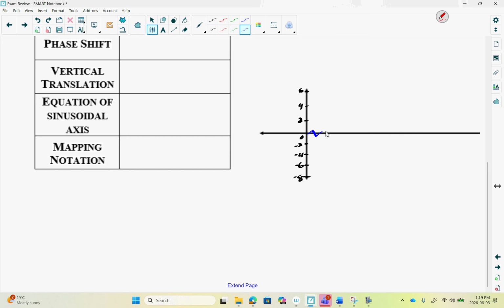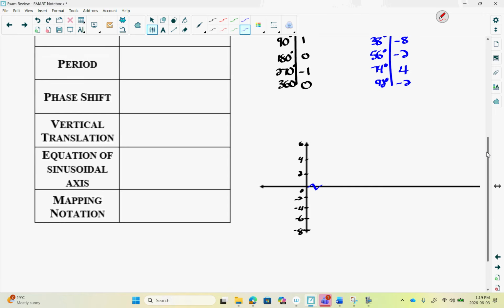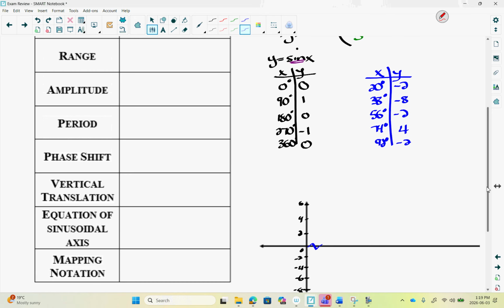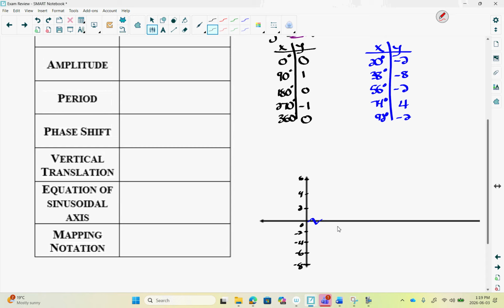I really don't care what's happening between 0 and 20 degrees. So I'll just kind of scrunch that information out, and I'll go at 20, and then I can count by 18s from there. I can just go 38, 56, try and make these equal, 74, and 92. And those are all degrees along the x-axis.